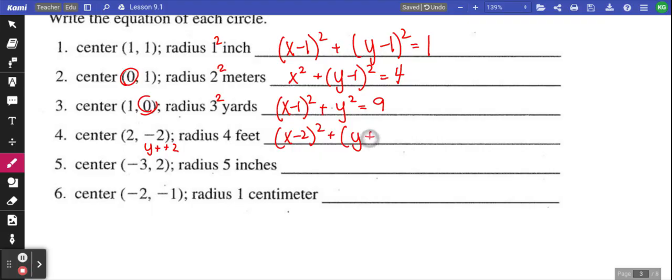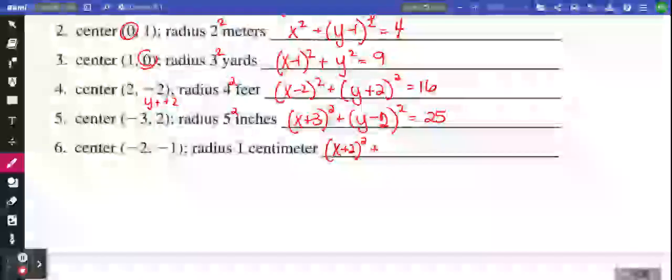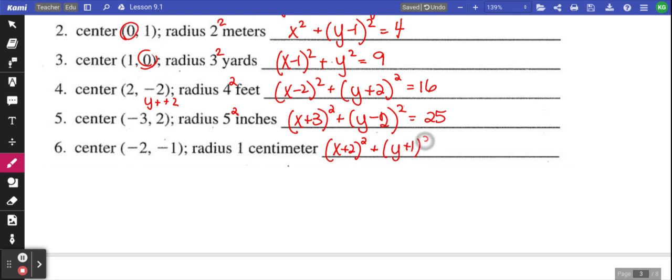So this one would be y plus 2 squared equals 16. Following that example, the next one would be x plus 3 squared plus y minus 2 squared equals 25. And the last one, x plus 2 squared plus y plus 1 squared equals 1.